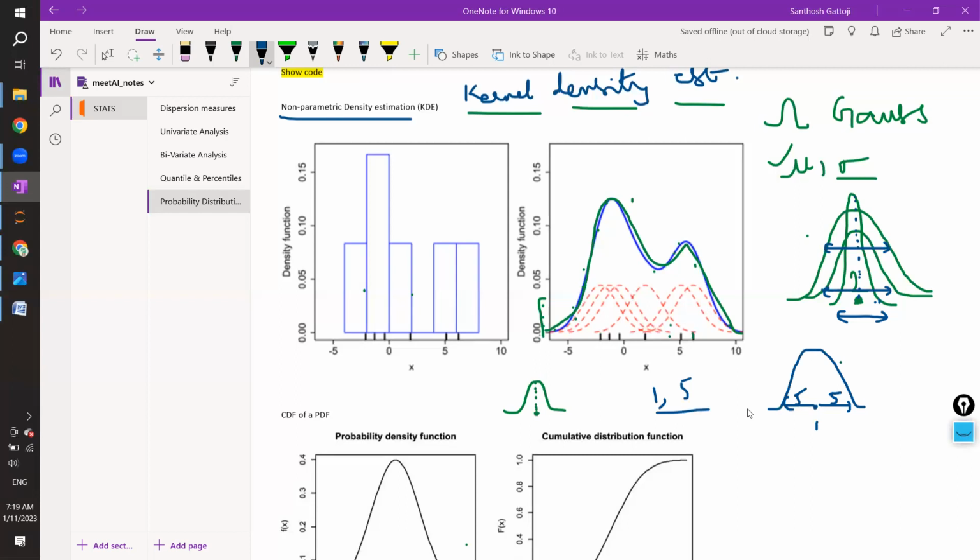So obviously I think you are able to understand that standard deviation is going to affect the shape of the distribution. If the standard deviation is too low, the graph becomes thinner and thinner because the spread is very low.